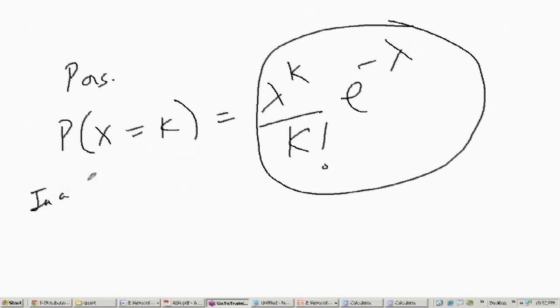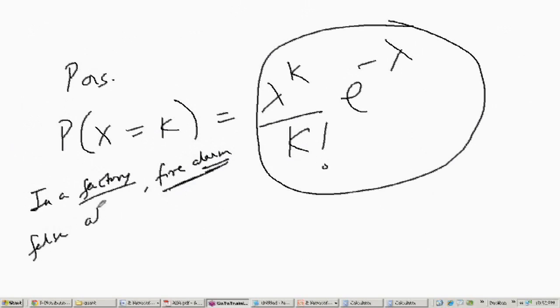Let's say there is a question. In a factory there is a fire alarm, and this fire alarm is erratic. It raises a false alarm.